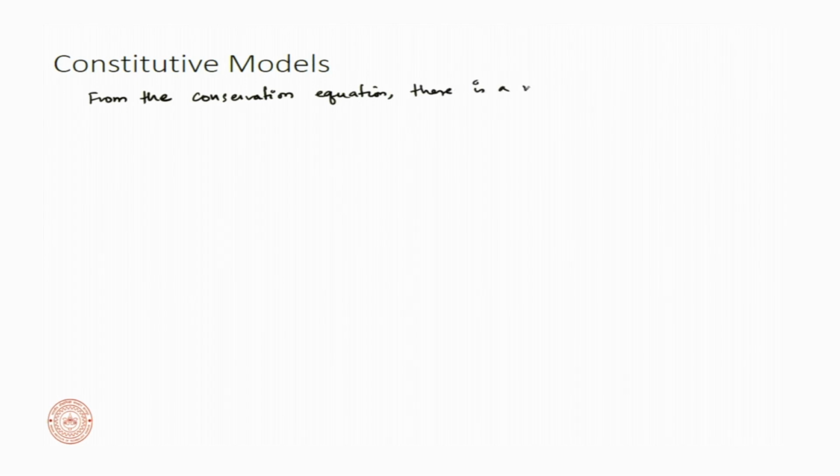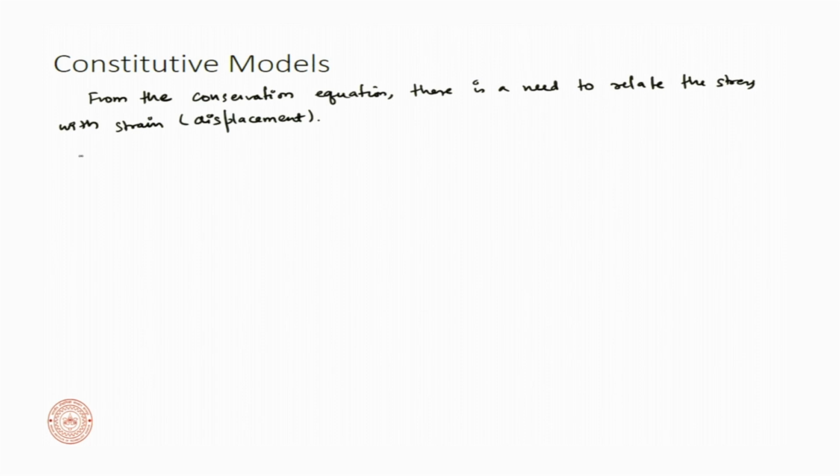There is a need to relate the stress with the strain or the displacement. So if you want to relate the stress to the strain or the displacement, in that case we are looking for another set of equations or models, and these are called the constitutive models.